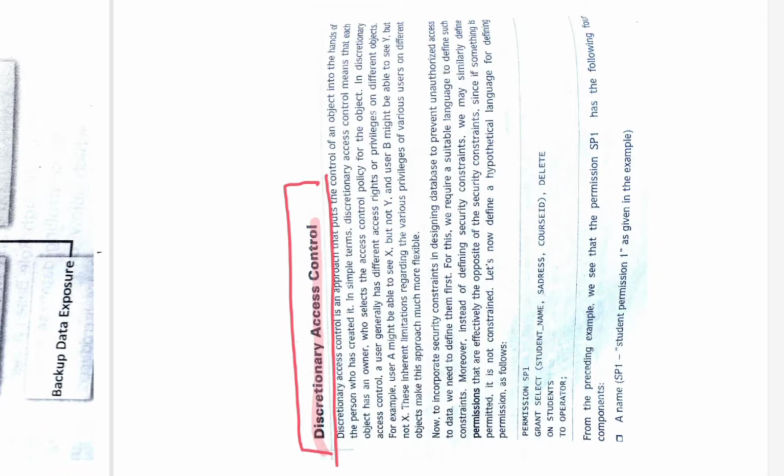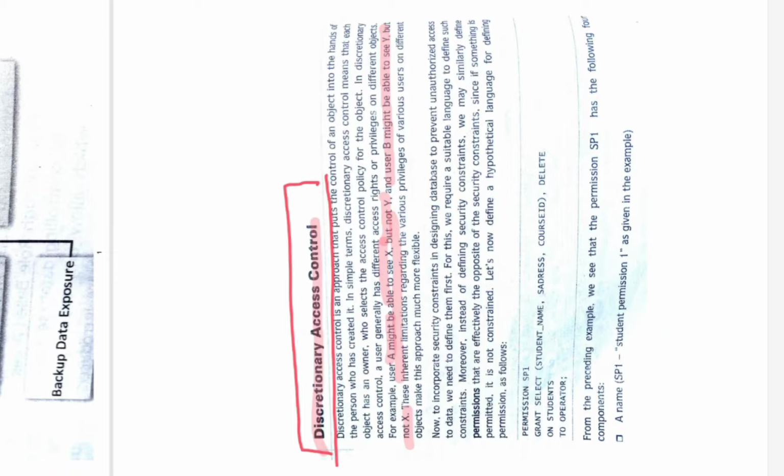Just now I gave you this example: user A might see X but not Y, and user B might be able to see Y but not X. I told you user A might be able to view V1 but will not be able to view V2.